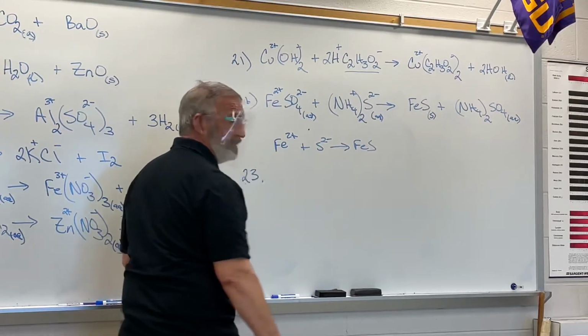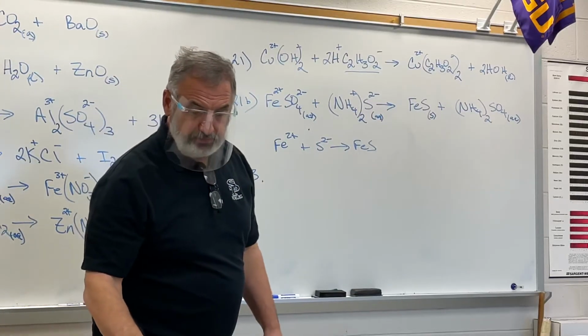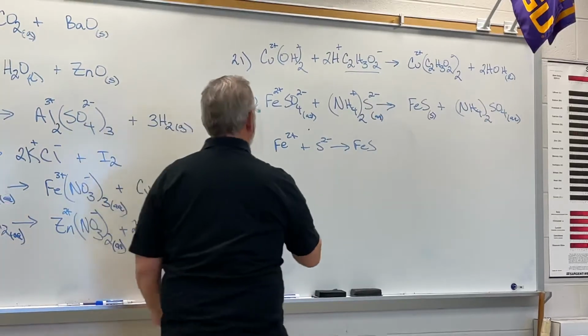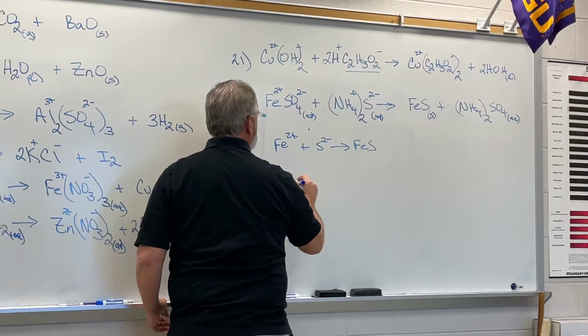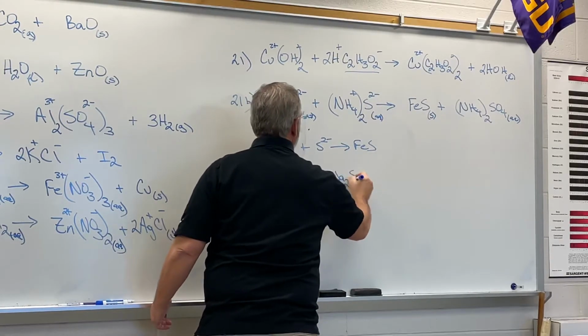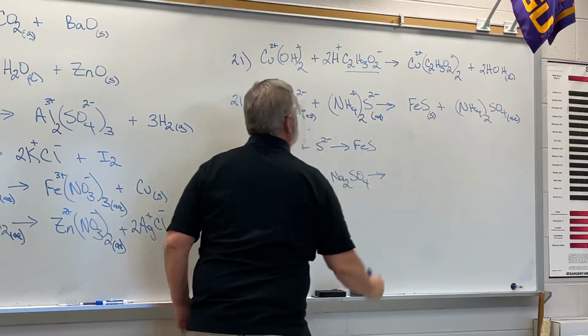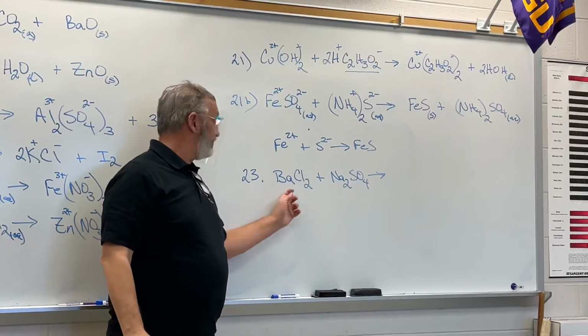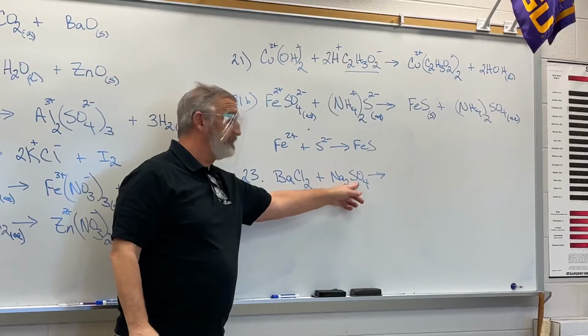23 says barium chloride and sodium sulfate. Is everybody good as far as I've been going, charges, making sure we know charges? Plus 2, minus 1, plus 1, minus 2.